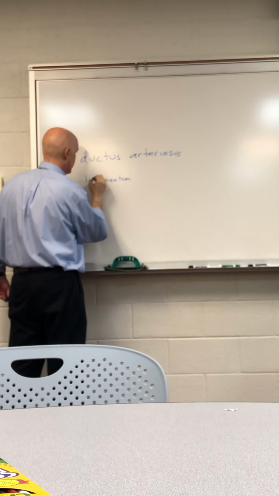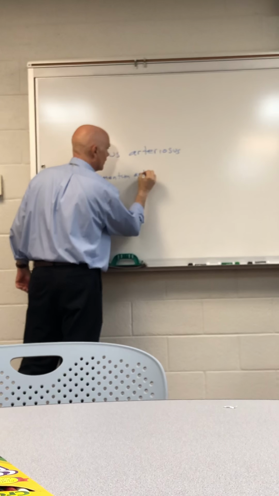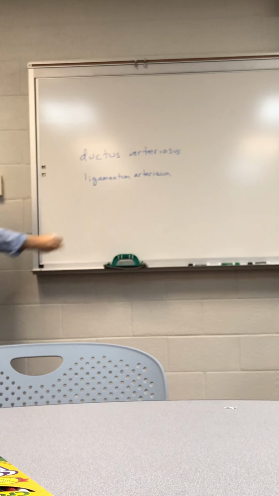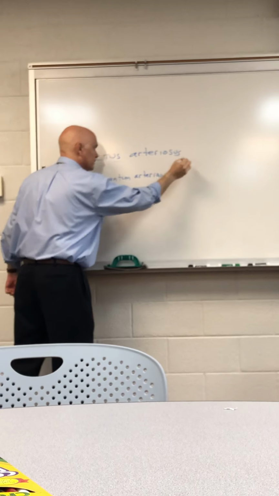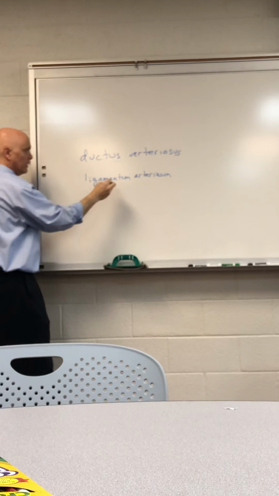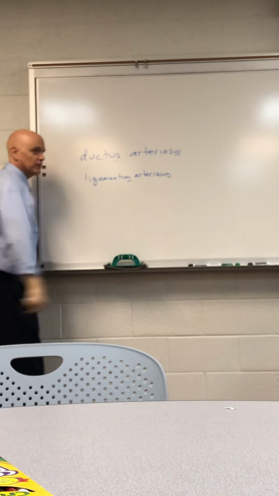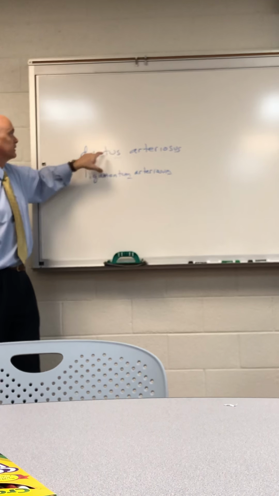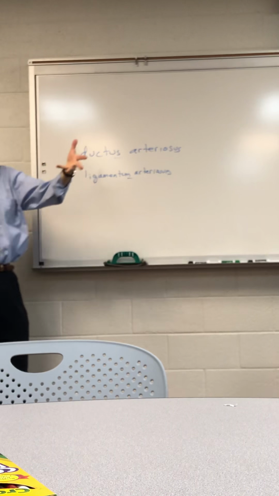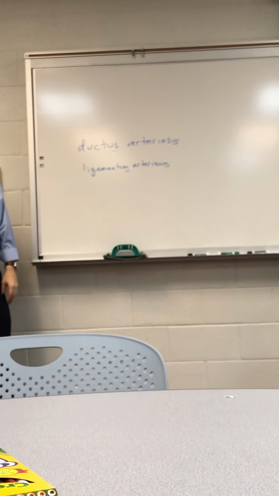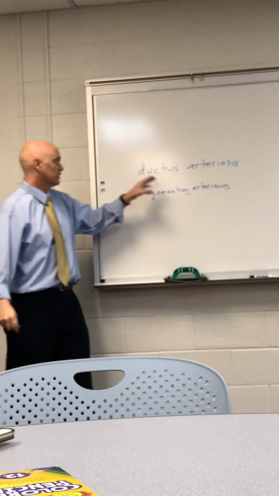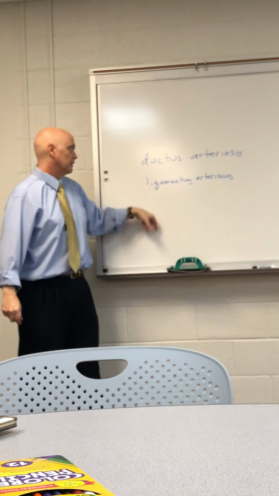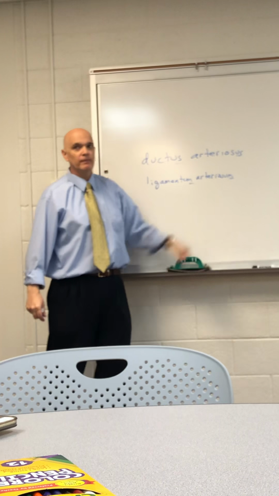Okay, so we have U's for the fetus, and we have the M's for the adults. Ligamentum arteriosum, ductus arteriosus, that's the fetus. So it's not ductus arteriosum, it's ductus arteriosus, ligamentum arteriosum.